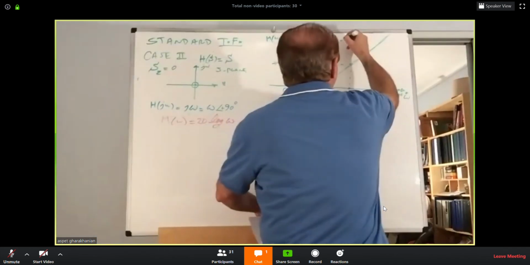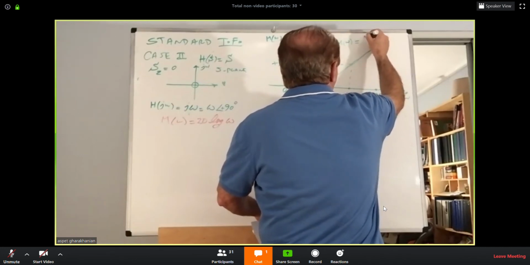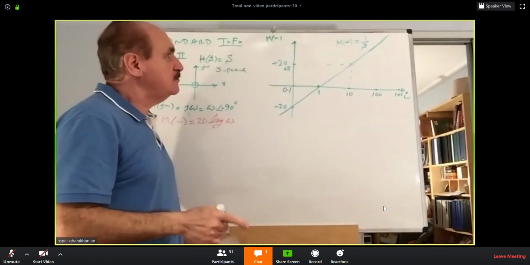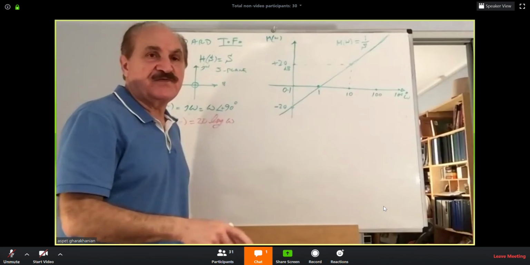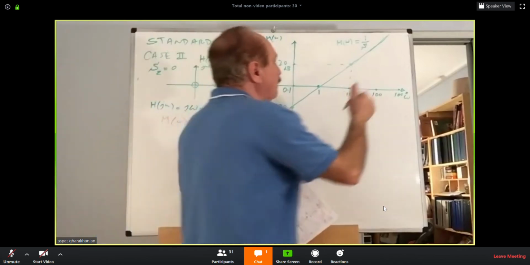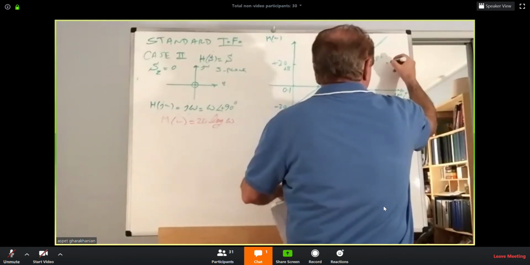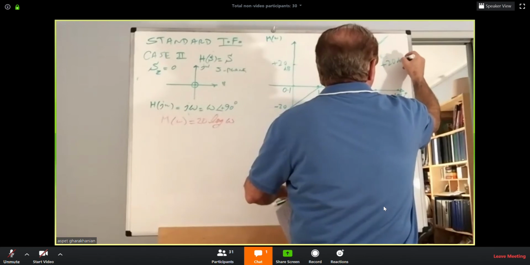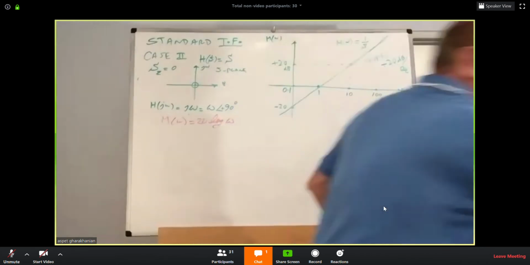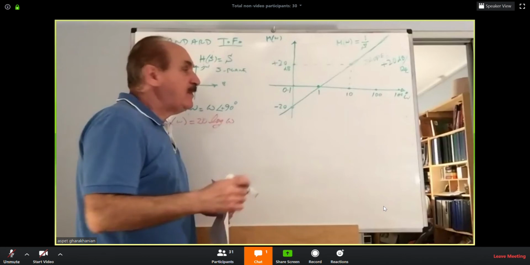That is M of omega for 1 upon s. By the same token, it's exactly opposite of the pole in the origin. This line will have a slope of positive 20 dB per decade.